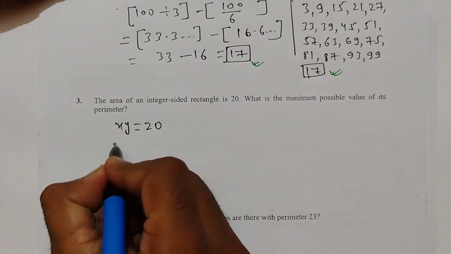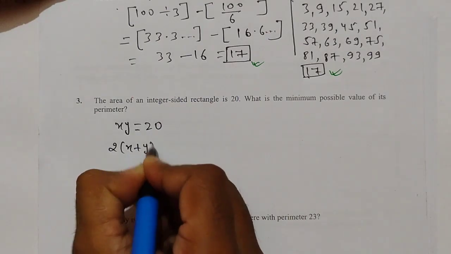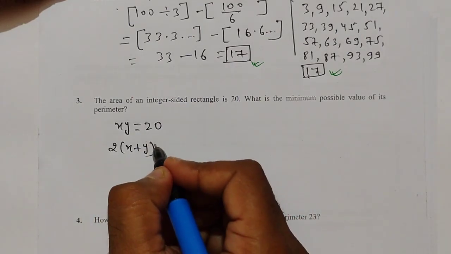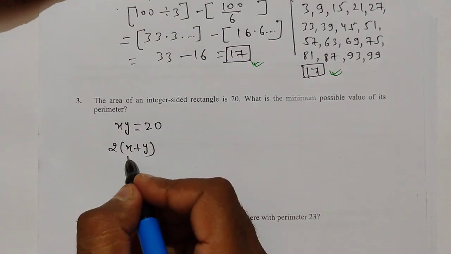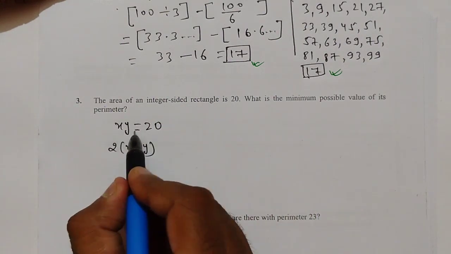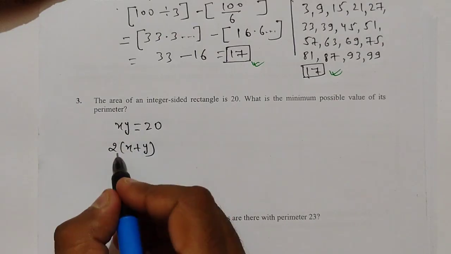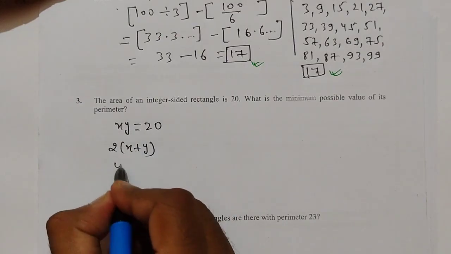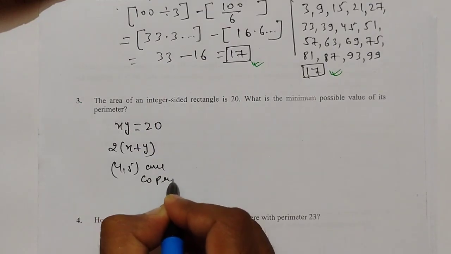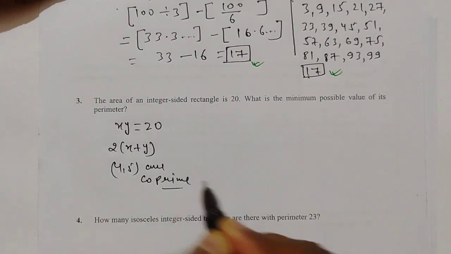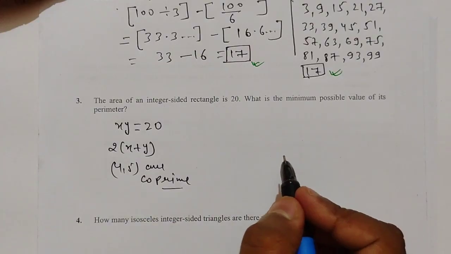The perimeter will be 2 times x plus y. Now we take x and y as the integers 4 and 5, which are co-prime.